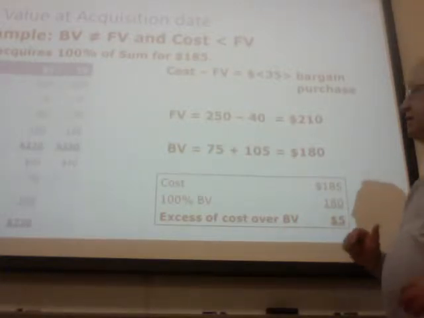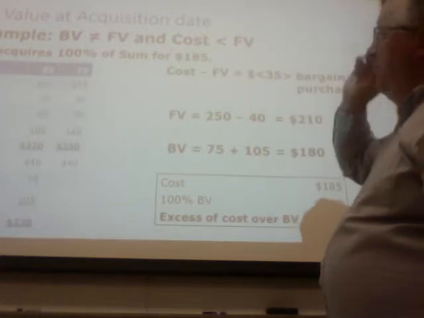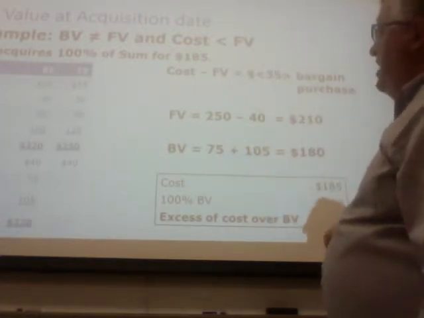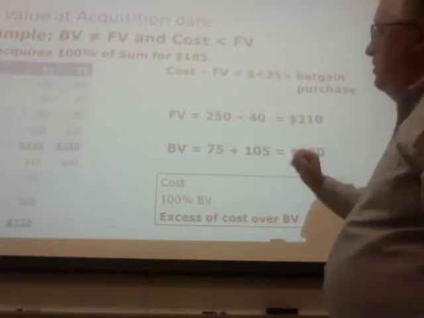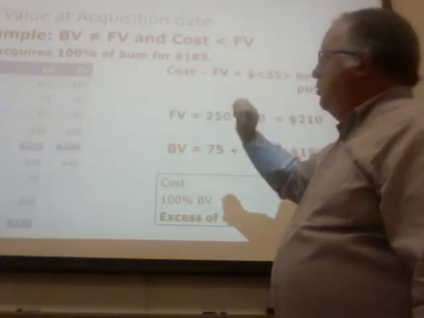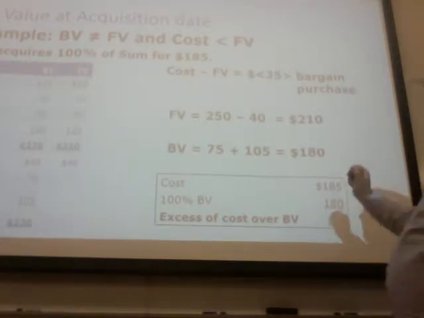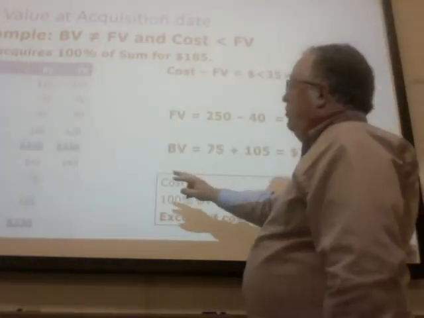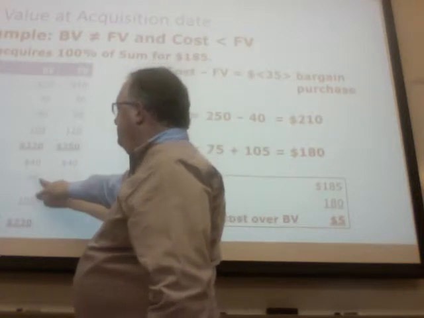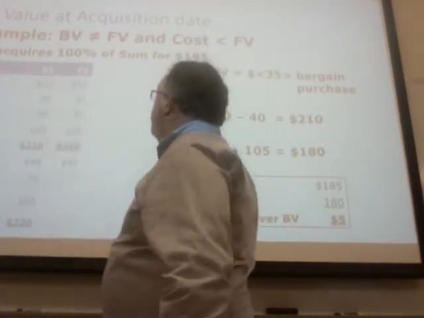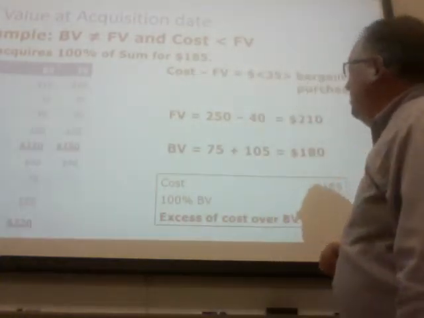Okay, now here's going to be an example where book value doesn't equal fair value, and cost is actually less than fair value. Print is going to acquire 100% of Sum for 185. So that's our cost. This is our book value balance sheet of Sum as of the date of acquisition: 75 and 105.